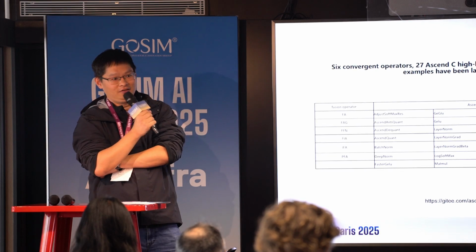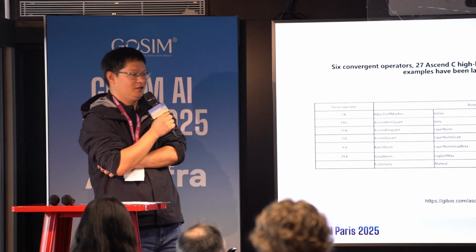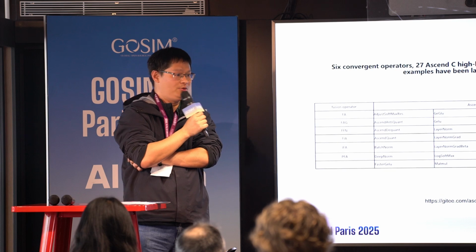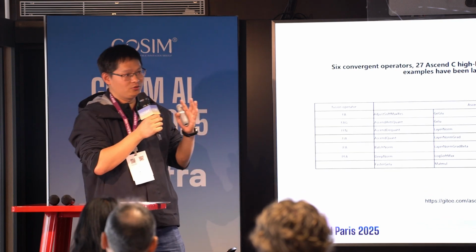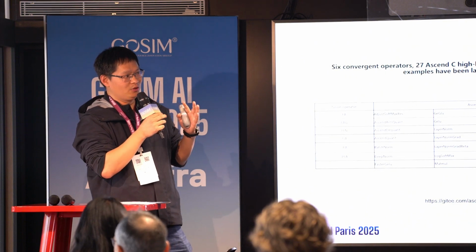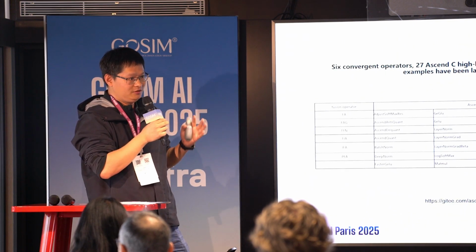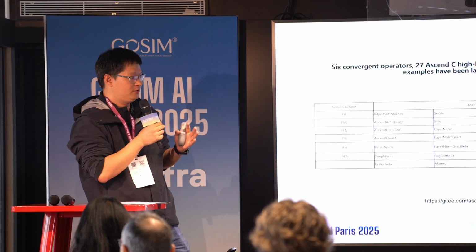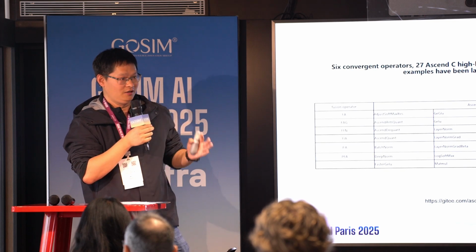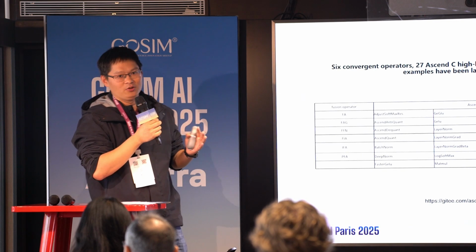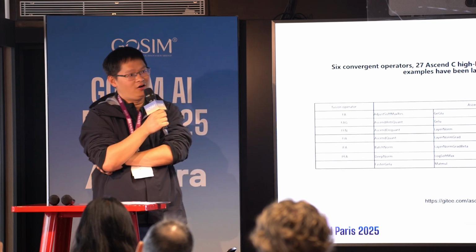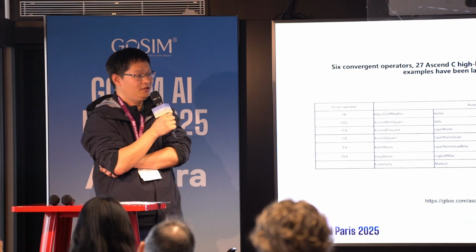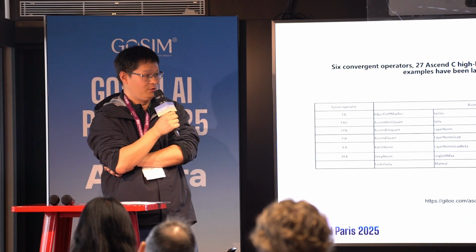In recent years, since the large language models became popular, you can say that although the models become bigger, the number of operators becomes small. For example, maybe there are only 10 or 20 operators in one large language model.